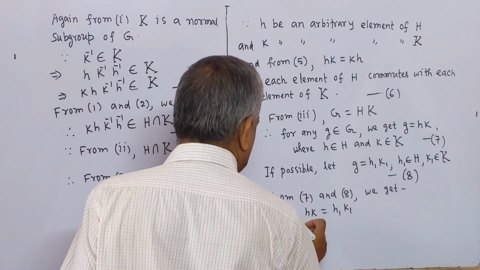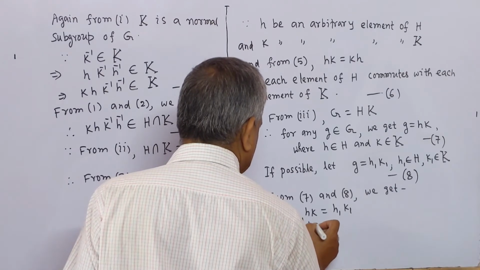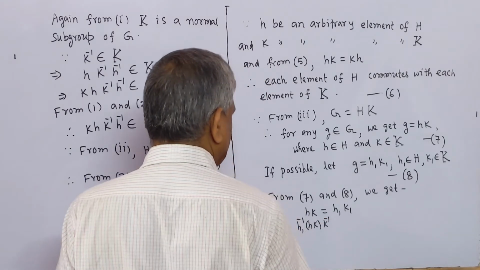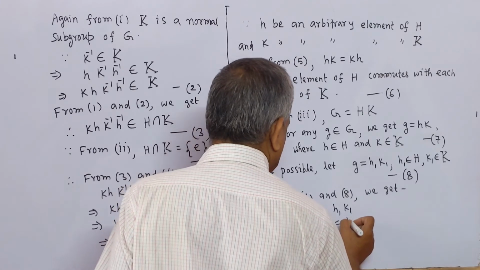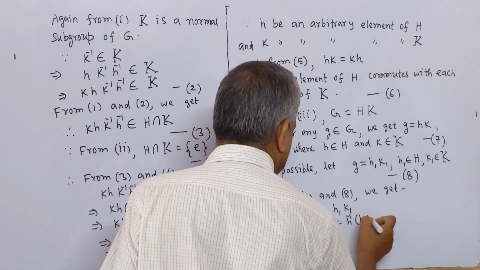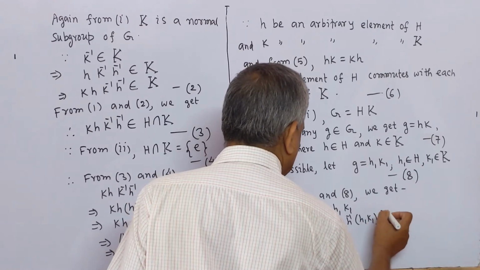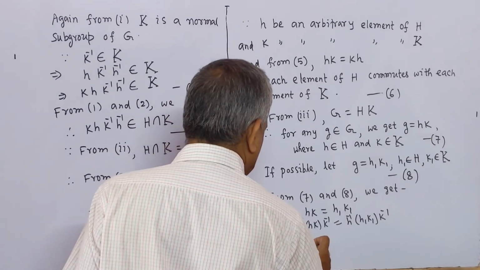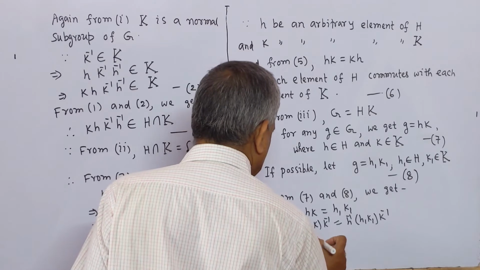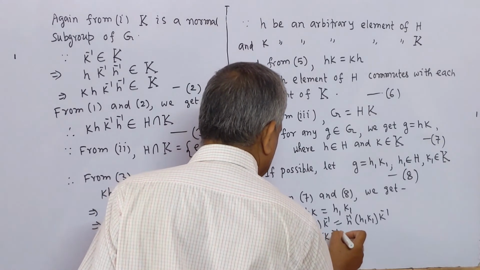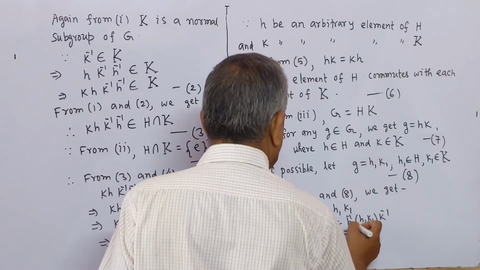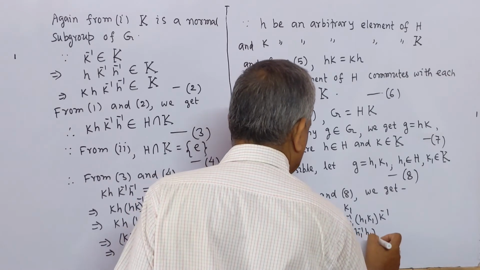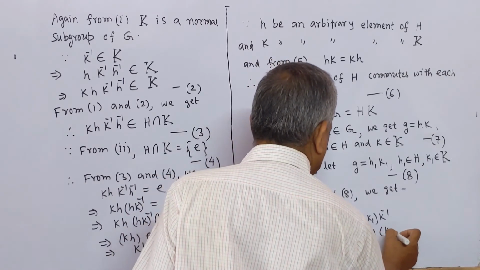This implies that h1 inverse h k, with k inverse on the right, equals h1 inverse h1 k1 k inverse.